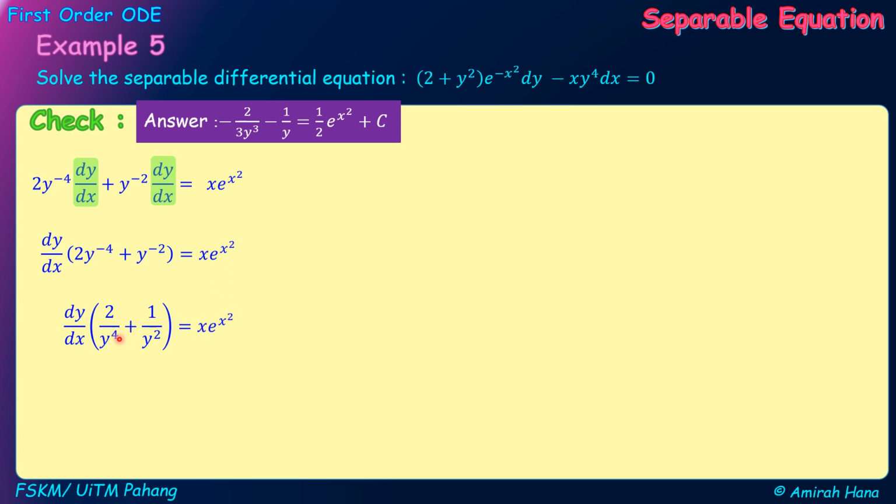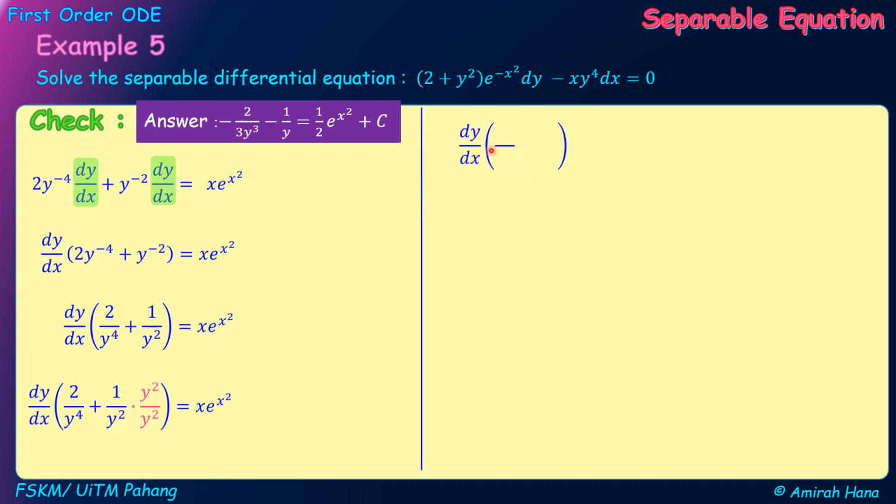From here, we can standardize the denominator to simplify this fraction. So, to standardize the denominator, we need to write y squared here into the form of y to the power of 4. To do that, we need to multiply 1 over y squared by y squared over y squared, because y squared over y squared equals 1. So when we multiply, it doesn't change the original value, right?